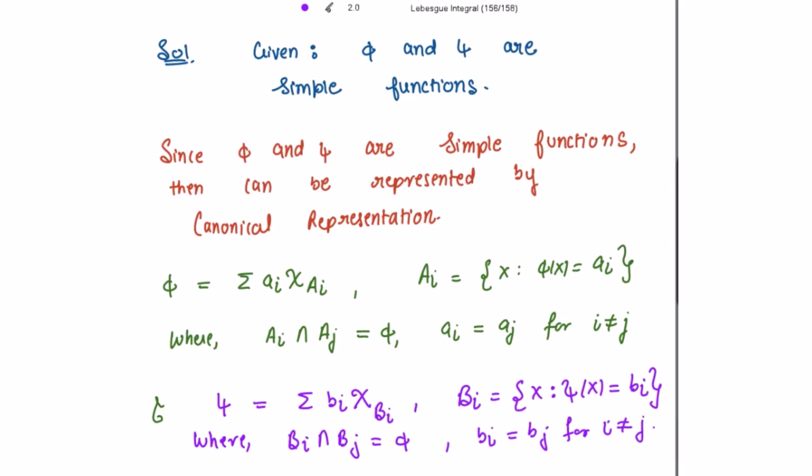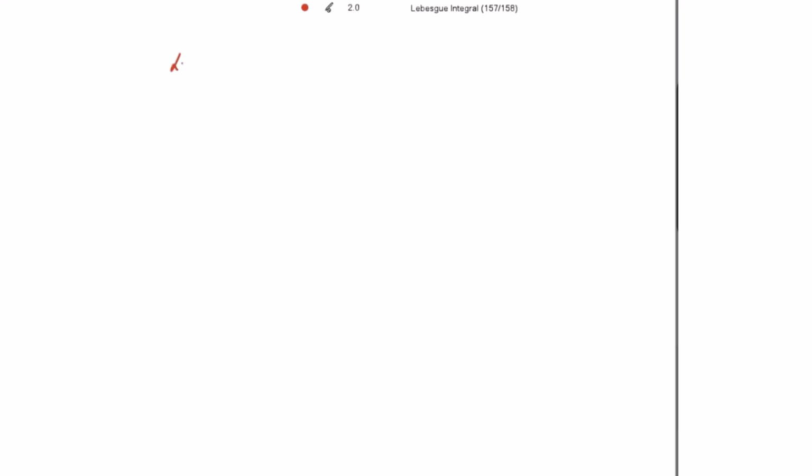Now let's take E_k to be the intersection of A_i and B_j. Then they form a disjoint collection of measurable sets.